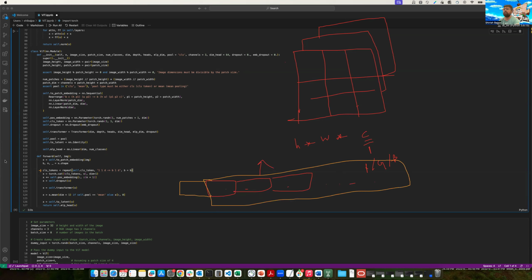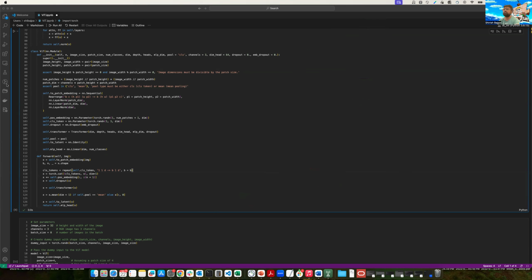All right, so this is done. Then we just add the CLS token to the original image tokens, right? Then we add positional embedding. Then we have a dropout layer. Then we have a transformer layer. This is the main block. This is the transformer architecture, again with some changes compared to the original transformer that we use in text.